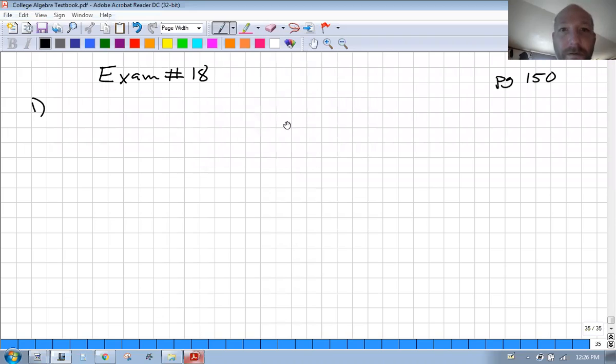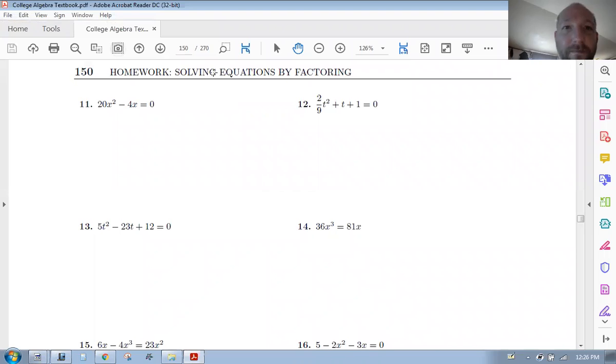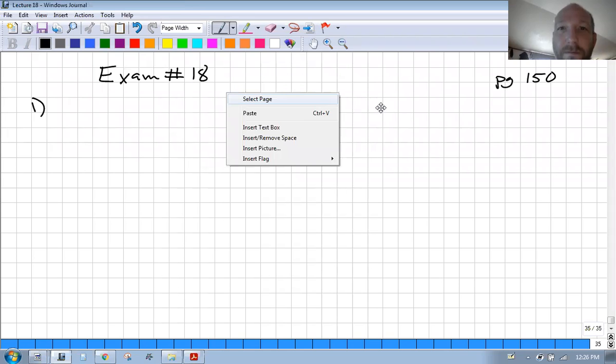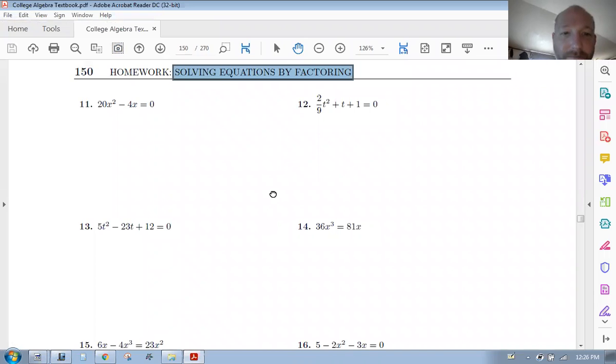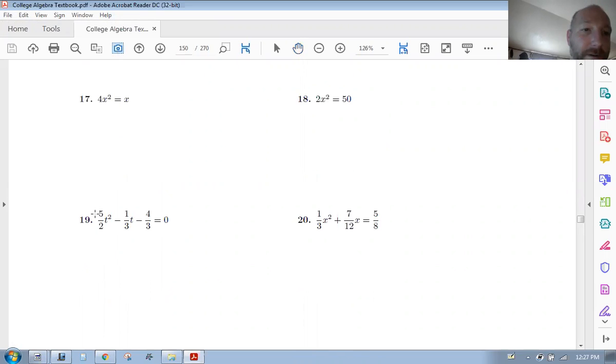Solve by factoring. Let's do these ugly ones here with all the fractions.